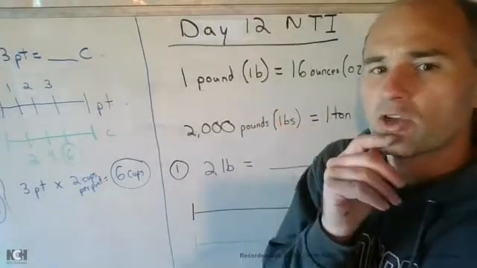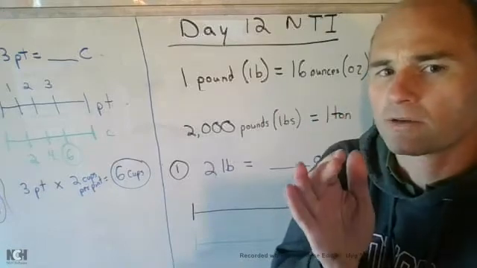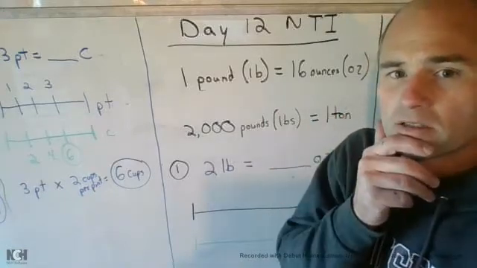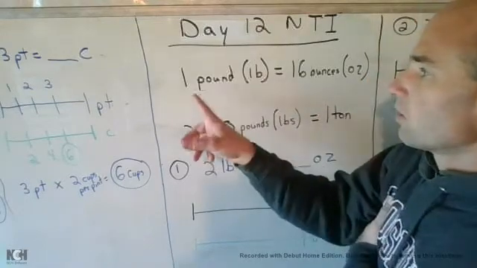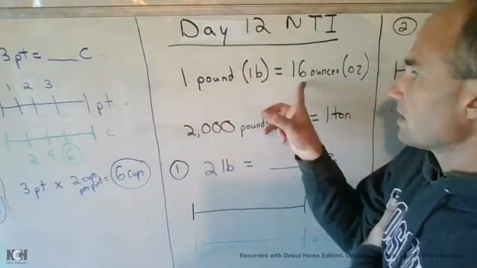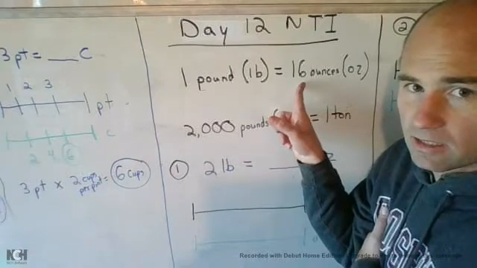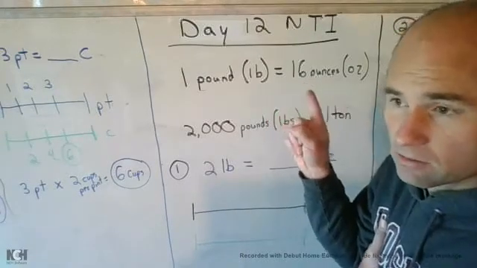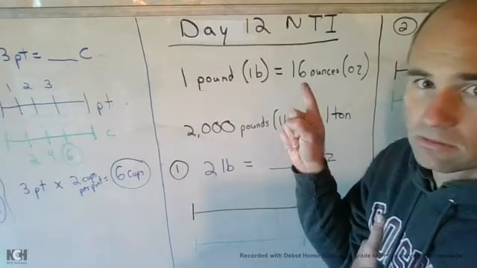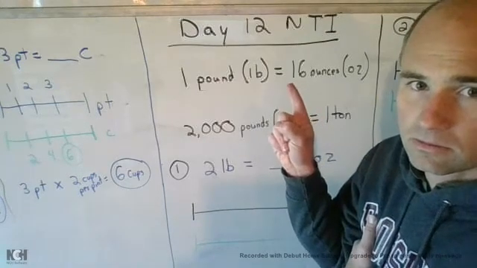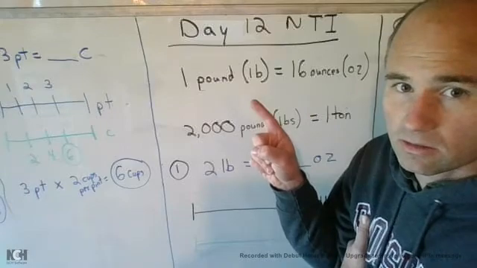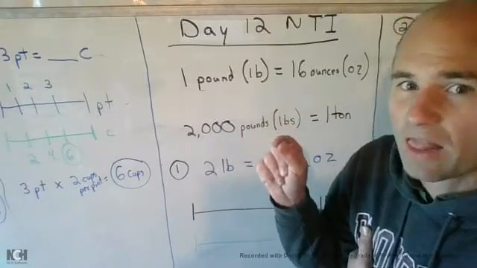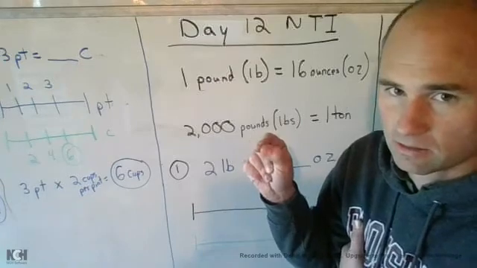All right? So think about it for yourself. Let's just say you weigh 100 pounds. How many ounces would that be? You would do 16 times 100 to find out that you weigh 1,000. Not even 1,000. You would be 16,000.